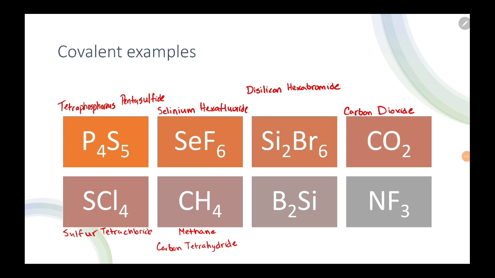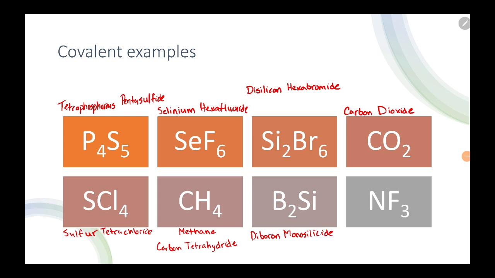The next formula we see there is B2Si. So this would be diboron. B is the symbol for boron. Diboron monosilicide. Silicon is kind of a hard one to end in ide.